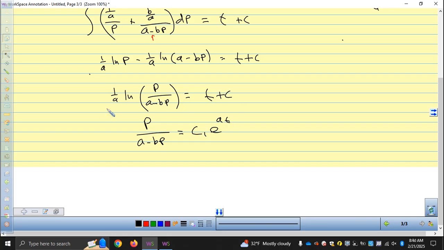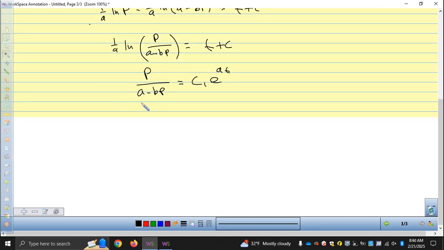So I multiply both sides by A and then exponentiate. And we want to solve for P.